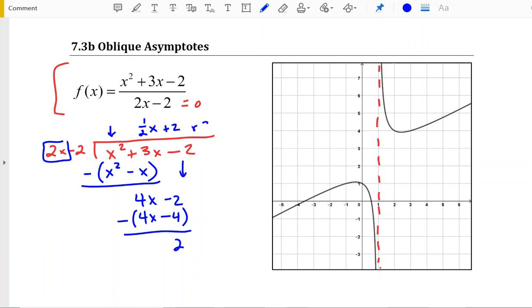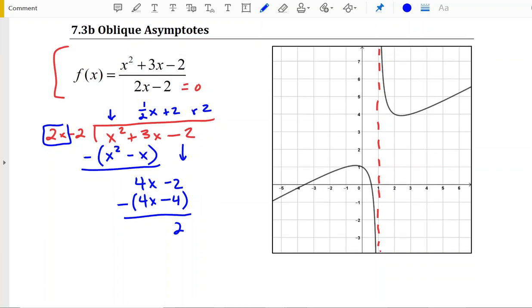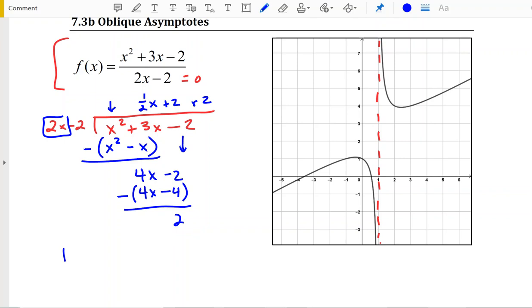And the value of this is it allows me to take my function f of x and rewrite it as 1/2 x plus 2 plus 2 divided by 2x minus 2, or let's just go ahead and change that to 1/x minus 1.